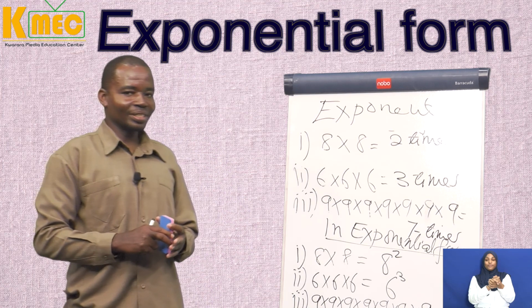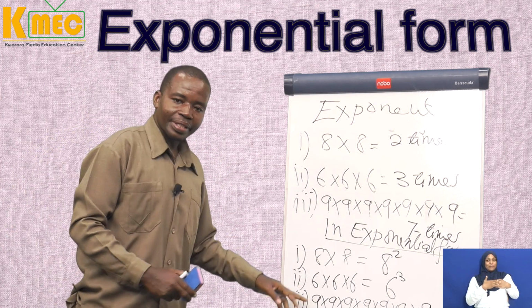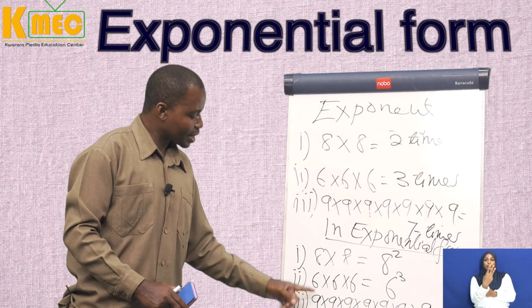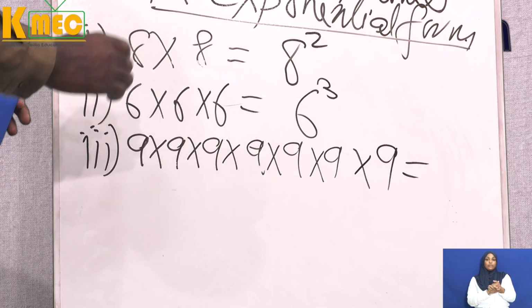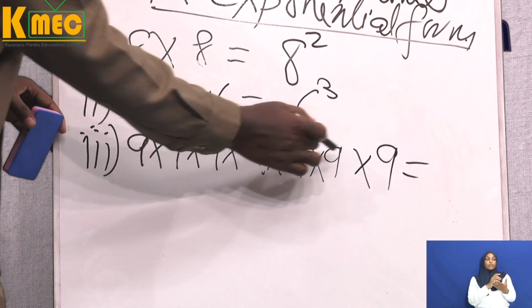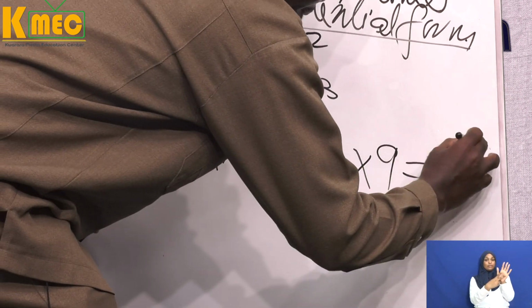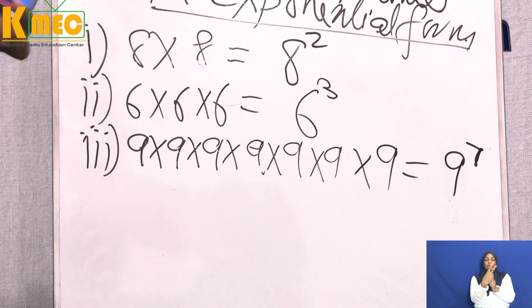Well, my pupil, we are going on to see number 3. Here, how many times has 9 been multiplied by itself? We have just counted them, 1, 2, 3, 4, 5, 6, 7. So it is 9, but to the power or to the exponent of 7. Now 9 exponent 7.